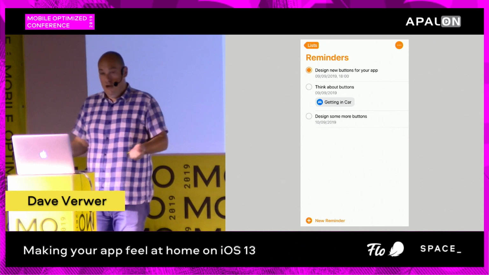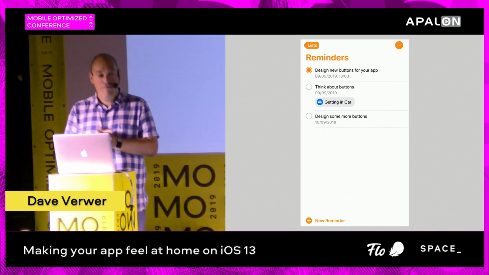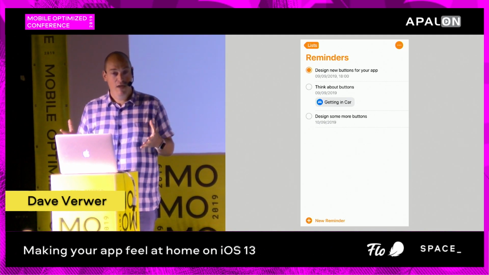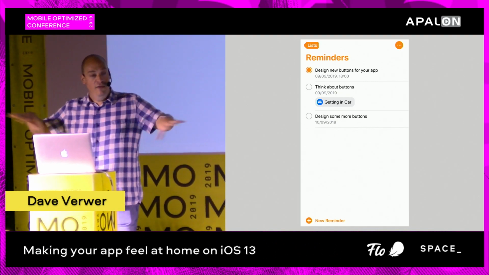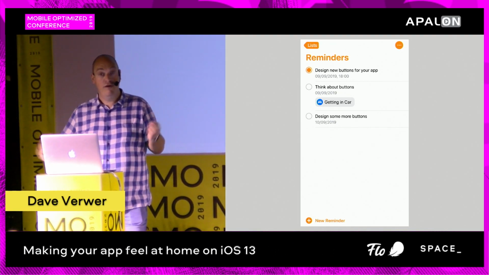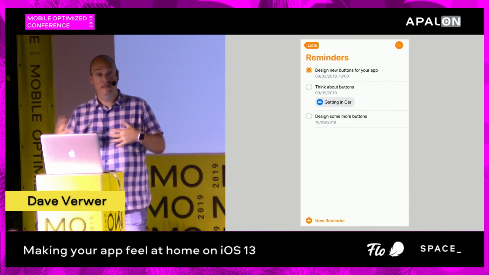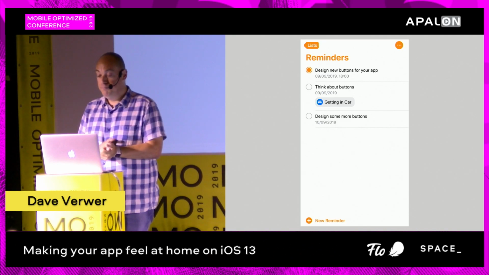So when you're looking at your application for iOS 13, remember that not everything needs to look exactly the same, but that consistency means fitting in well with the other applications. Look at the buttons that are in other applications, and see what you can take from that for your own application. So that's buttons.